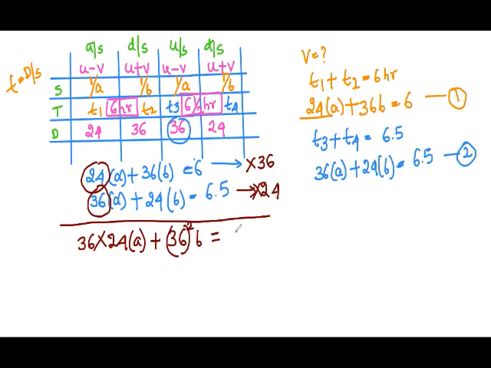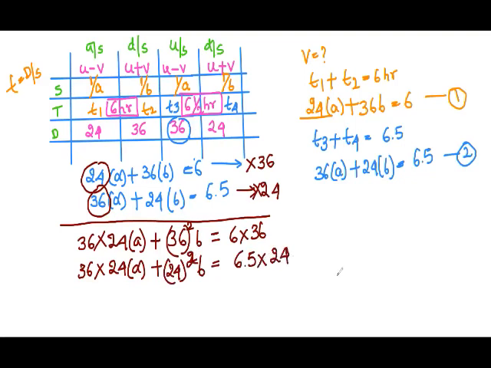I will just write this as 6 into 36, because simplification will become easy when you complicate the problem. Then the second equation will become 36 into 24a plus 24 square b is equal to 6.5 into 24.